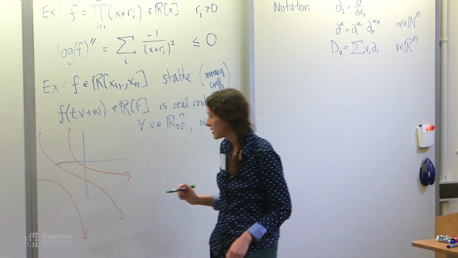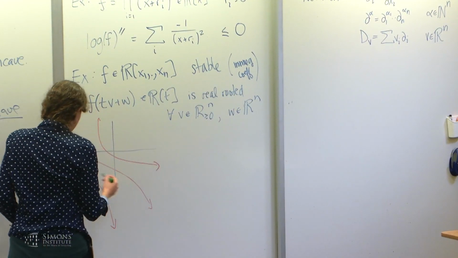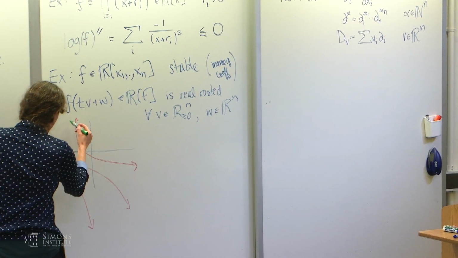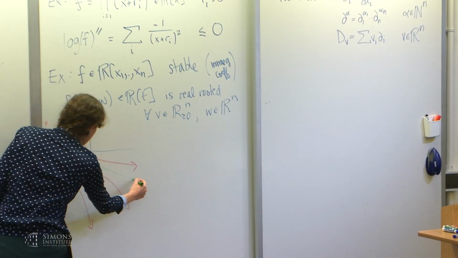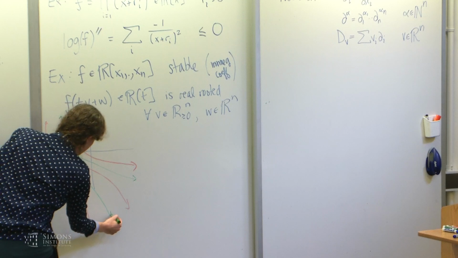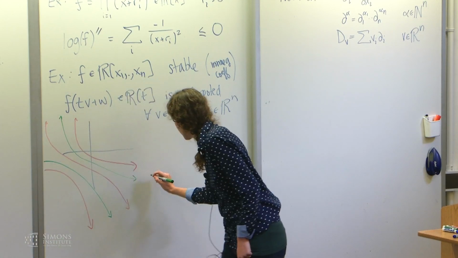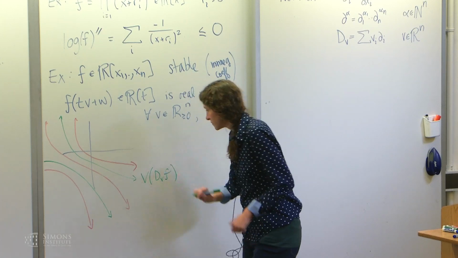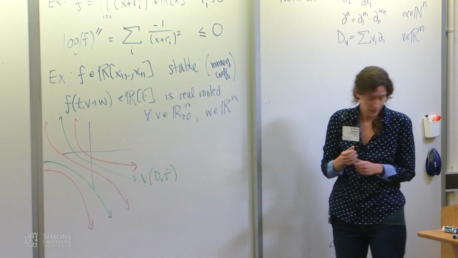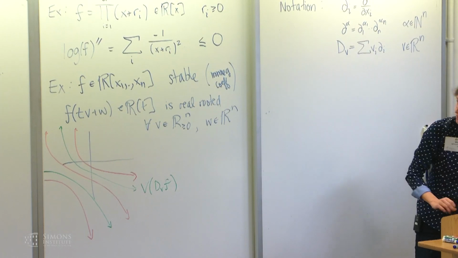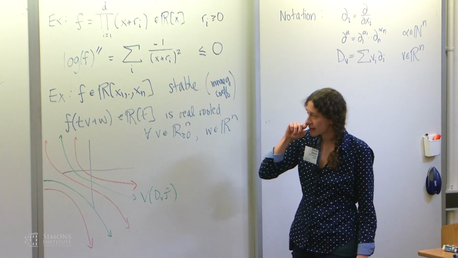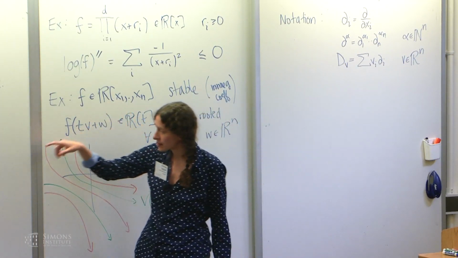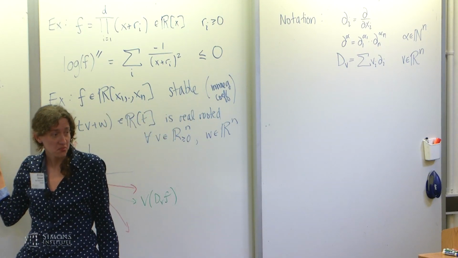And in fact, the zero set will interlace. So here we'll get, this might be the zero set. And so putting those two facts together shows that any stable polynomial satisfies this property.